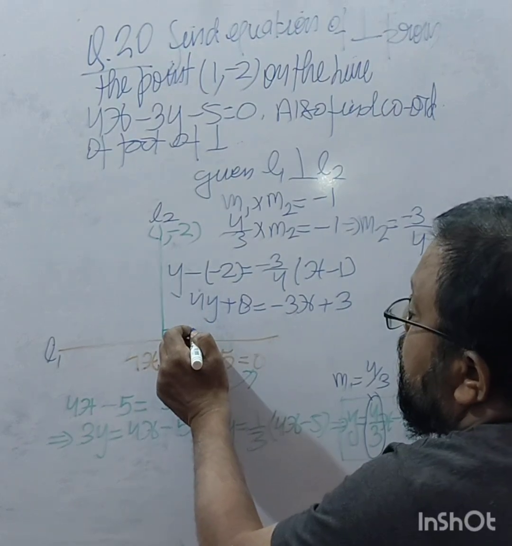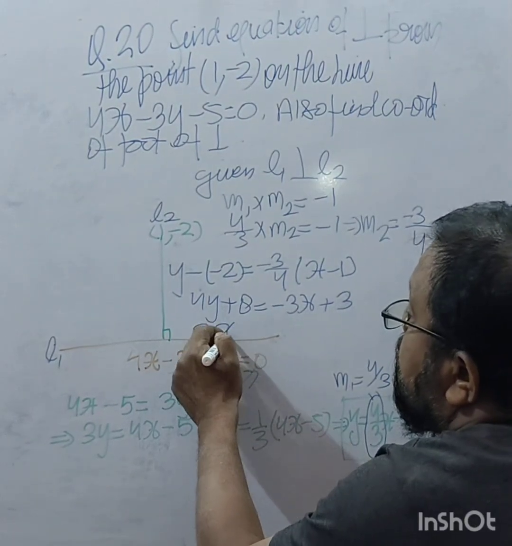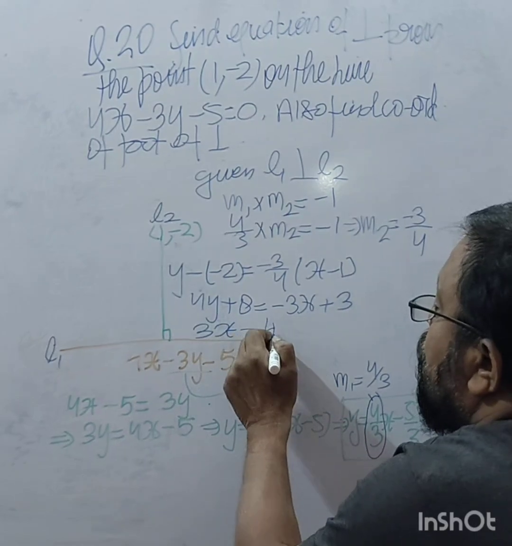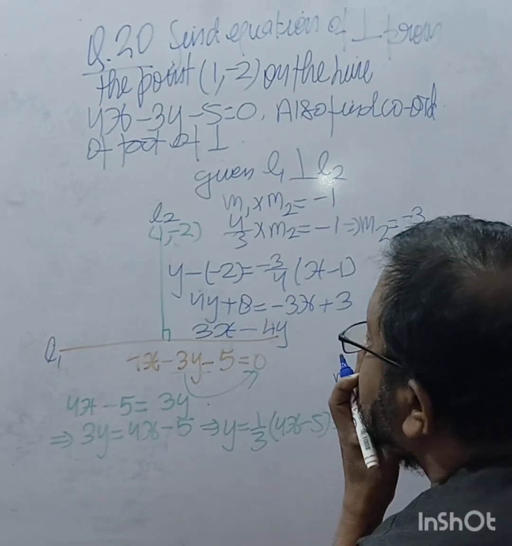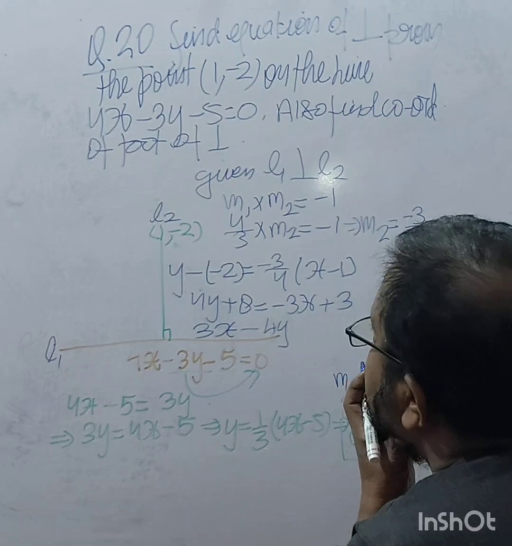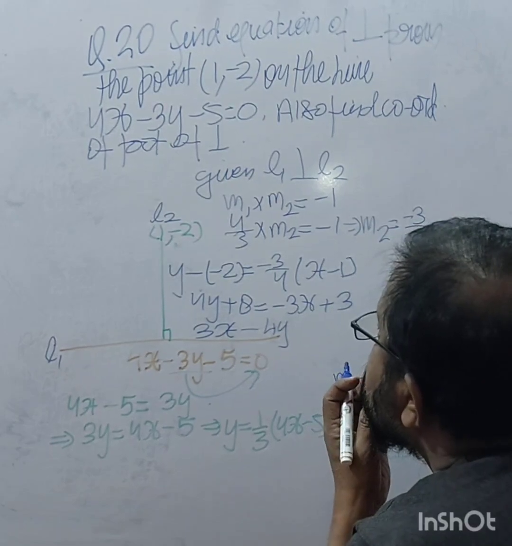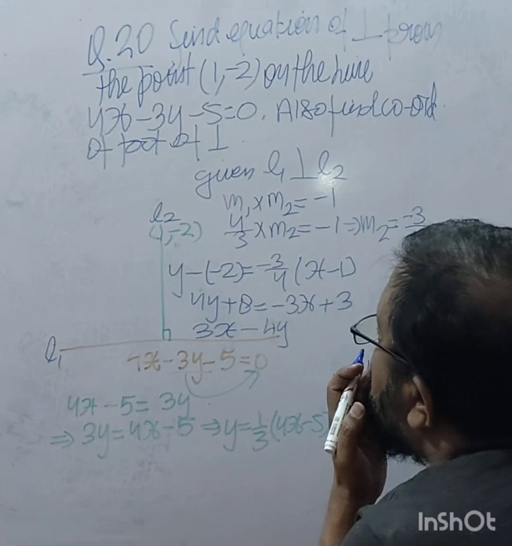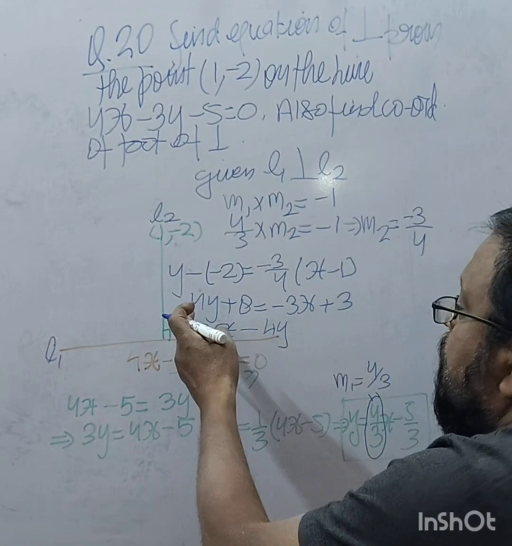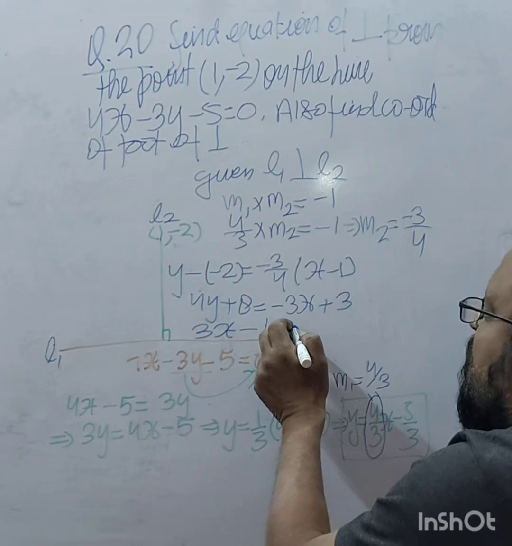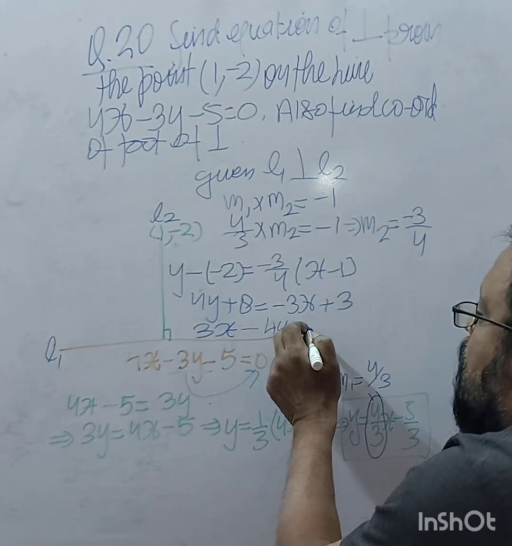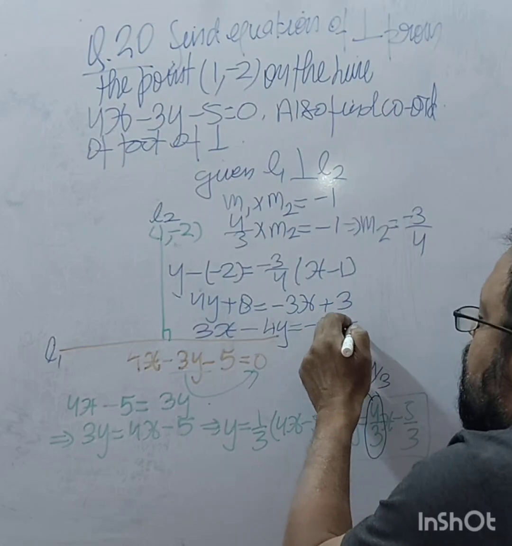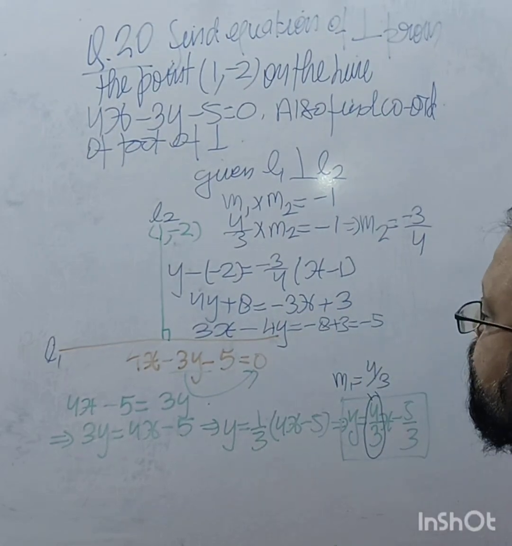So we can write 3x minus 4y, minus 8 plus 3 becomes -5.